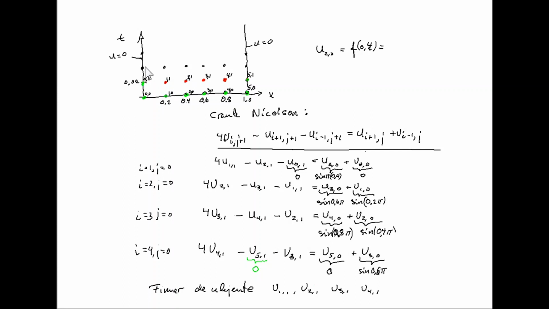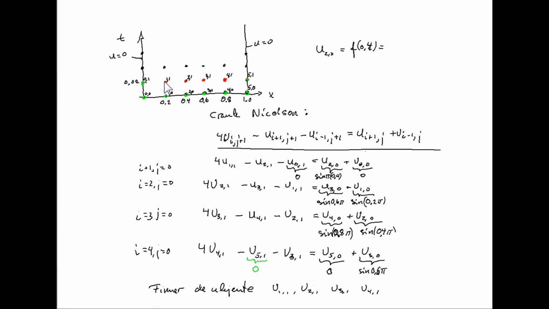We know these green points are known because they are on the boundary or they are initial conditions. So here on this x-axis we know the value of u, because it's equal to sine pi x. And on these boundaries we also know the function because it's equal to 0.